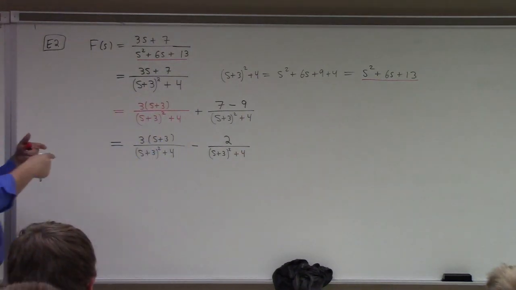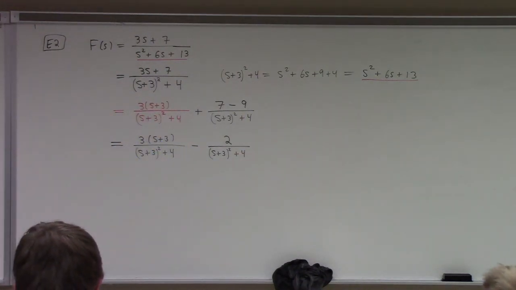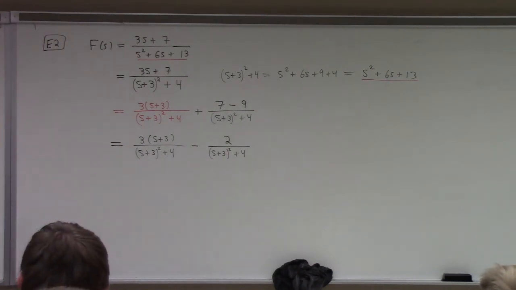Because for that term, I need the square root of the thing which is added. So that's a 2 squared in the denominator. I need a 2 upstairs for the inverse transform of the sine to work. If that 2 wasn't there, I'd have to invent it like I did by dividing and multiplying by a third in the previous example. But here it just happened to be that. So great.